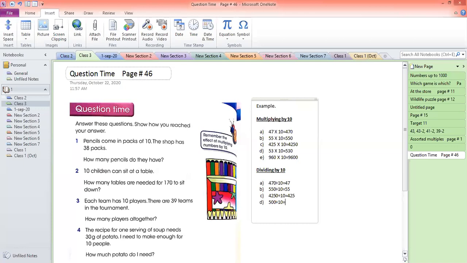Write 500 and erase one zero, equals 50. Now, can you tell me 630 divided by 10 equals to what? 63. Very good. Write 630 and remove one zero. Now, is it clear to you? Yes, sir.